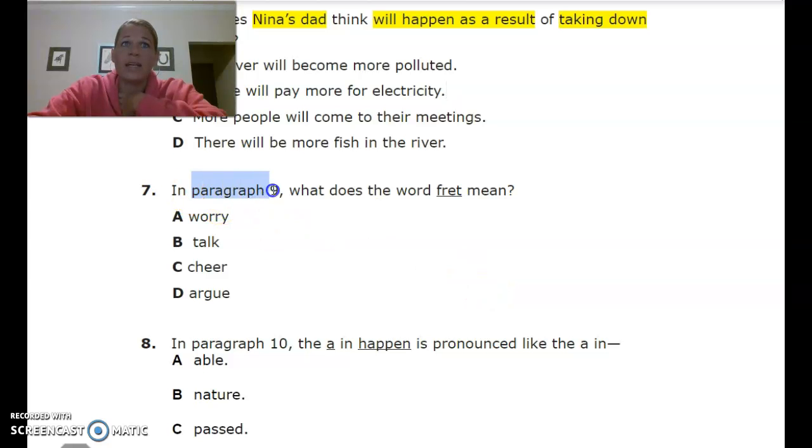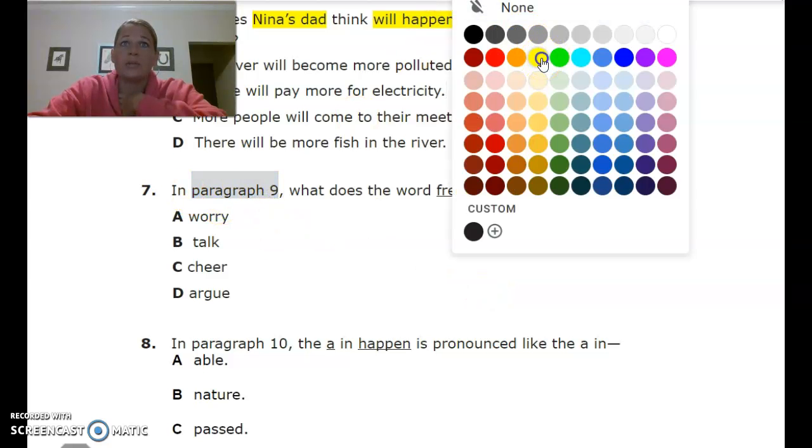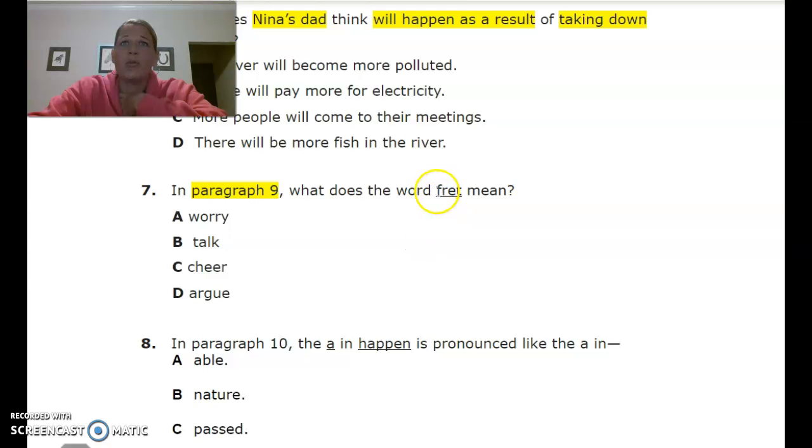In paragraph 9, what does the word fret mean? Make sure to use your context clues. Really go back to the sentence before it, reread that, maybe read the sentence after. Plug the words here into paragraph 9 where the word fret is and ask yourself, does that make sense?